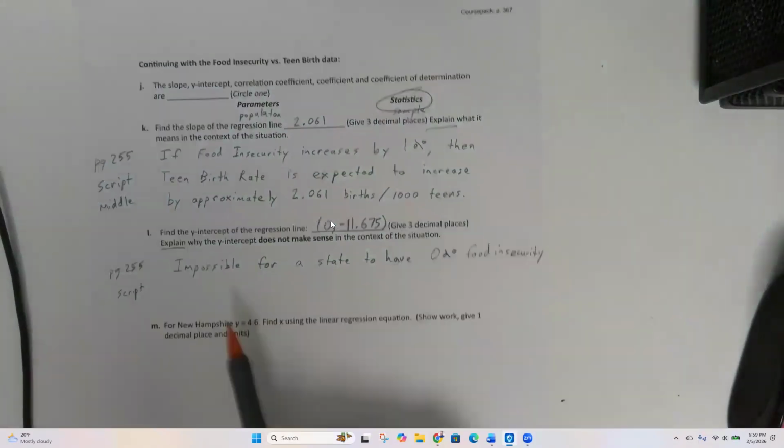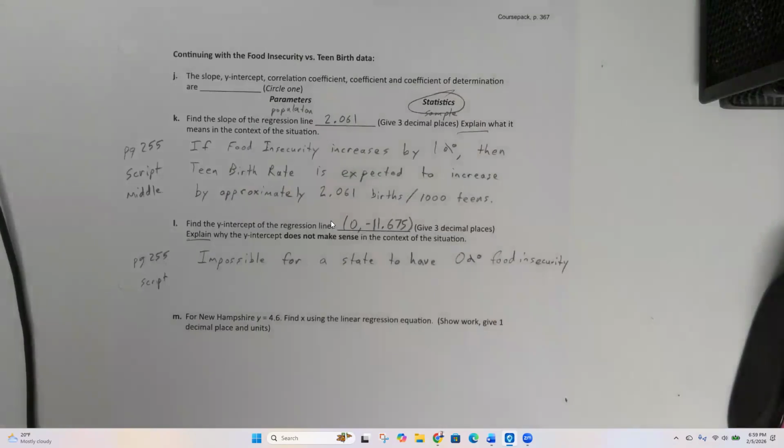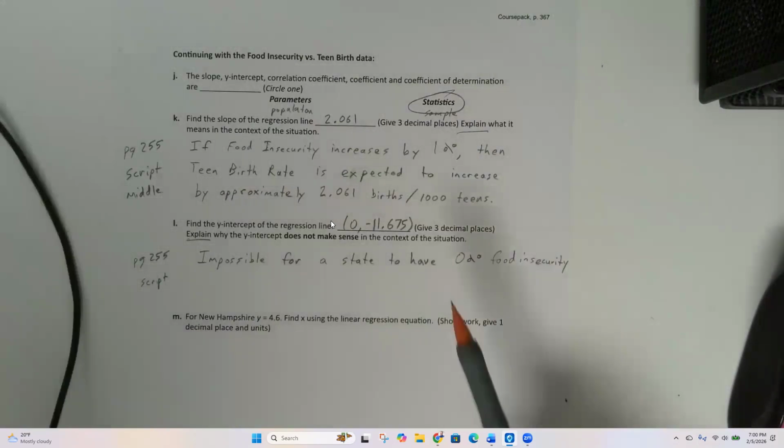If a state has no insecurity, that means every single household has enough food to eat. And unfortunately, we know that there is homelessness. Every state has people that are not able to buy adequate food. Okay, so this is never going to happen.